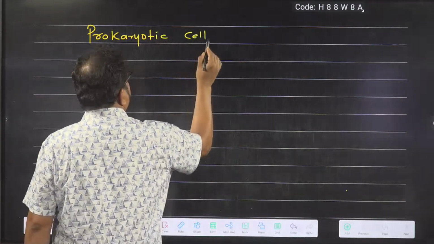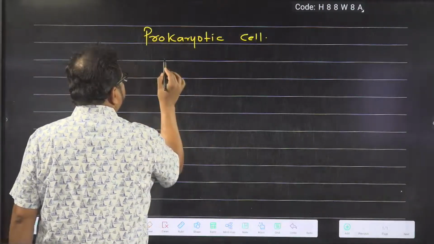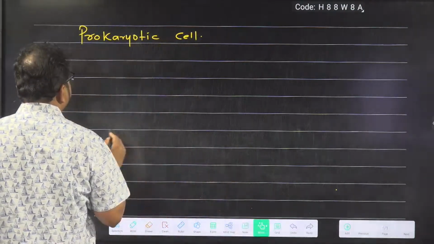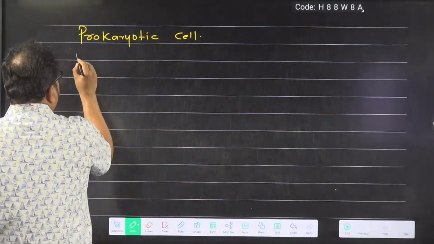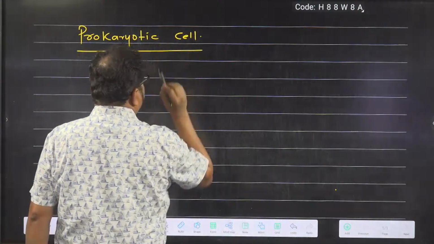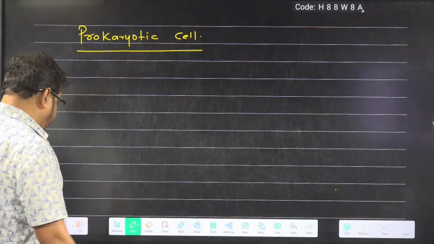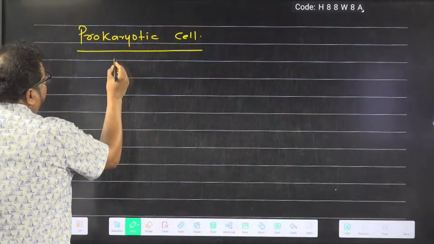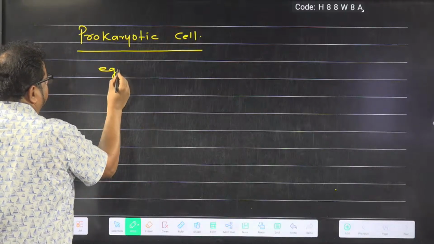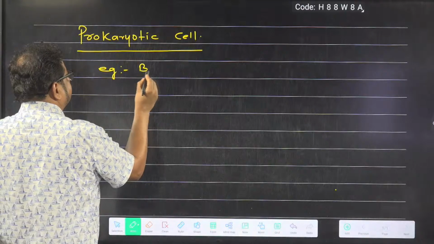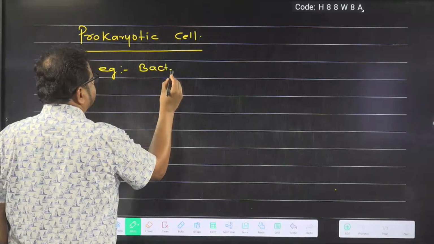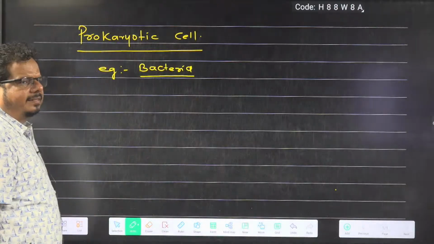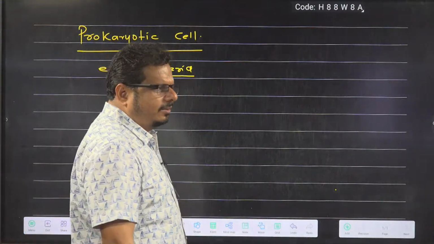If we talk about prokaryotic cell, a typical example is different types of bacteria. Bacteria is a typical example of prokaryotic cell. Got the idea?